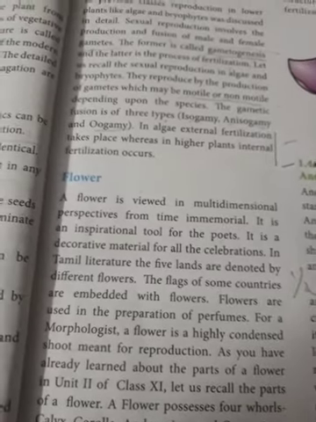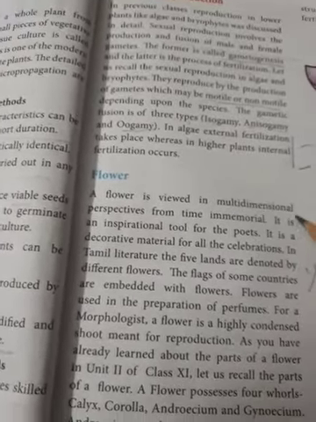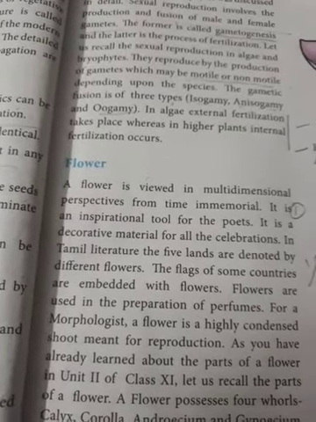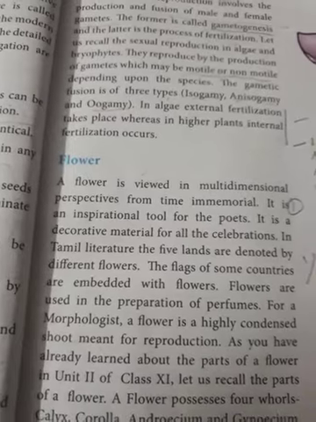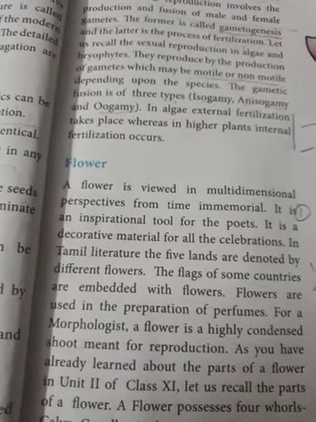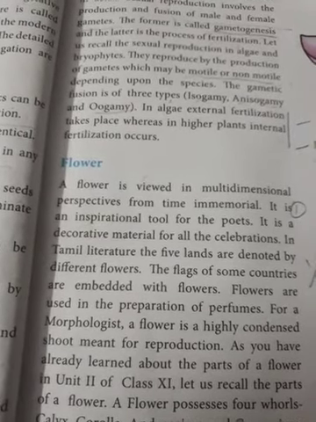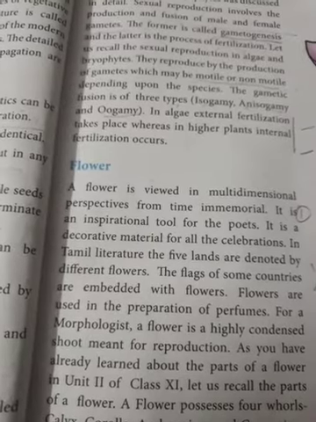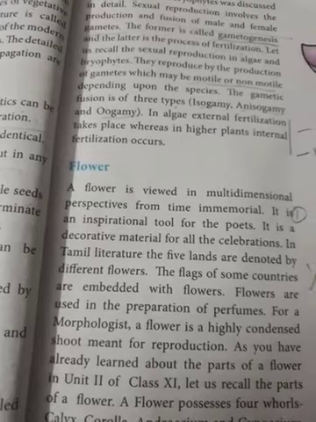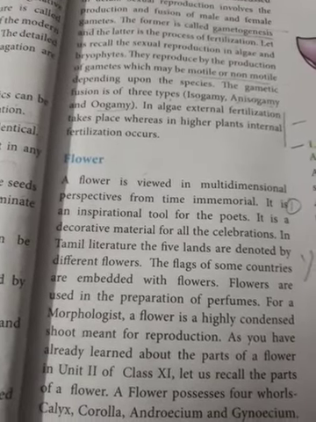First, it is an inspirational tool for the poets. Poets write so many poems with flowers. Number two, it is a decorative material for all celebrations. Third, in Tamil literature, the five lands are denoted by different flowers, so it is very important in Tamil.